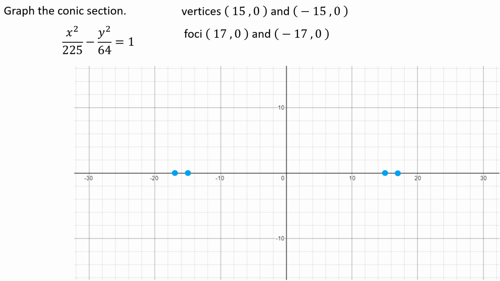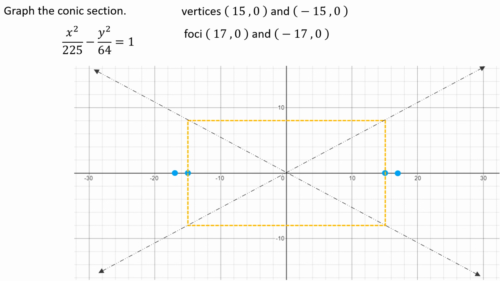And then if I look underneath the y squared, I see a 64. The square root of 64 would be 8. And so I could certainly figure out, okay, there's my rectangle. And if I've got my rectangle, I know the diagonals are going to be my asymptotes. And then I think I graphed this, and I think the curve gets way too close to the asymptote very quickly.